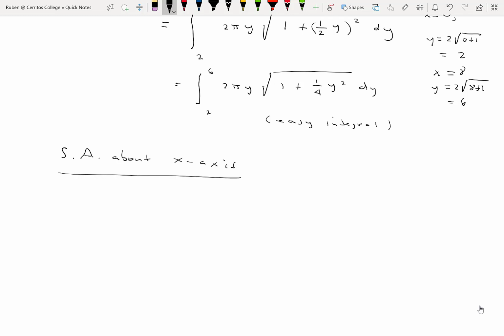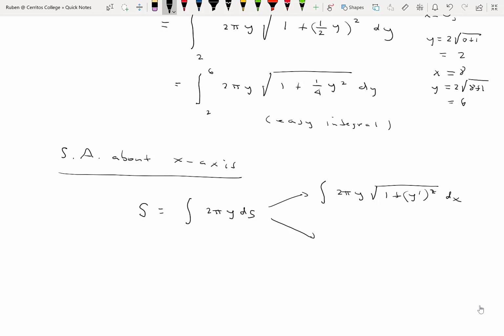Surface area about the x-axis, the formula is the integral of 2 pi y ds, which means that it's 2 pi y times the square root of 1 plus y prime squared if we choose to integrate with respect to x, in which case we're going to have to substitute our function in for y right next to the 2 pi.